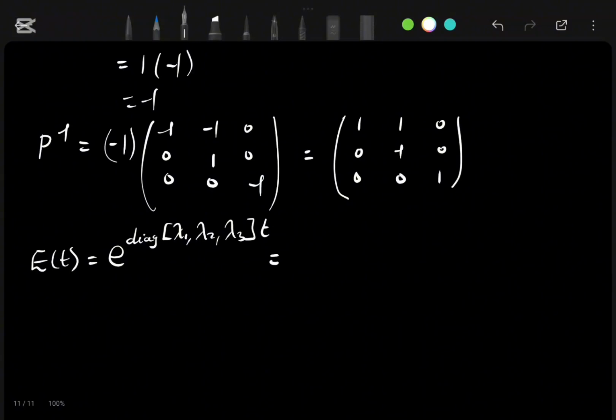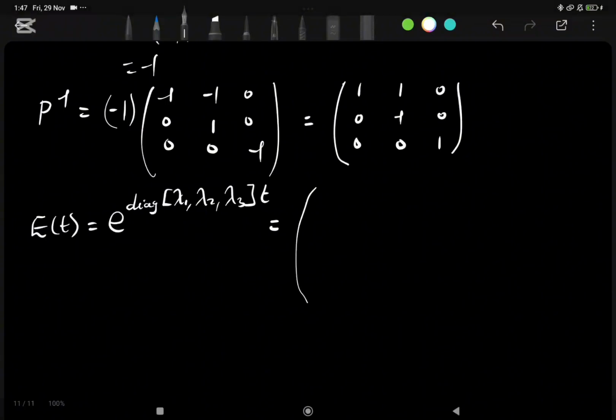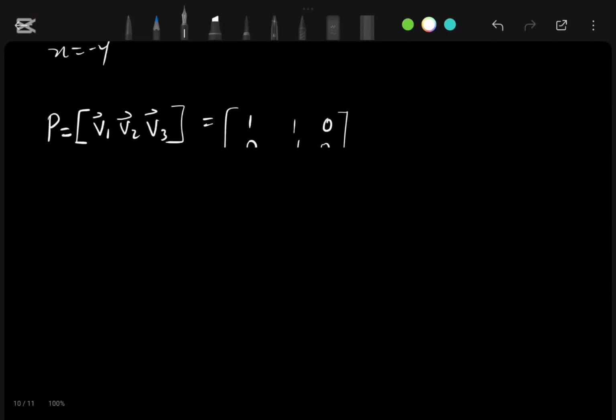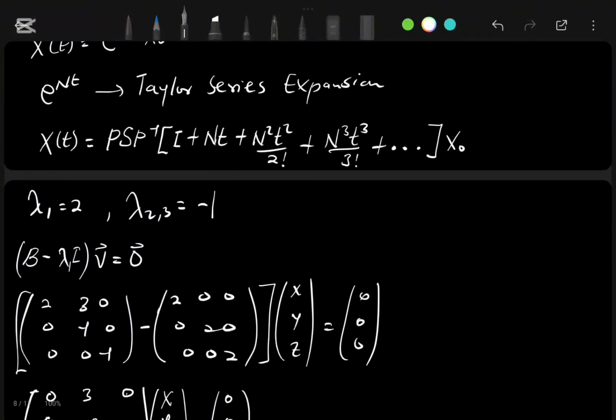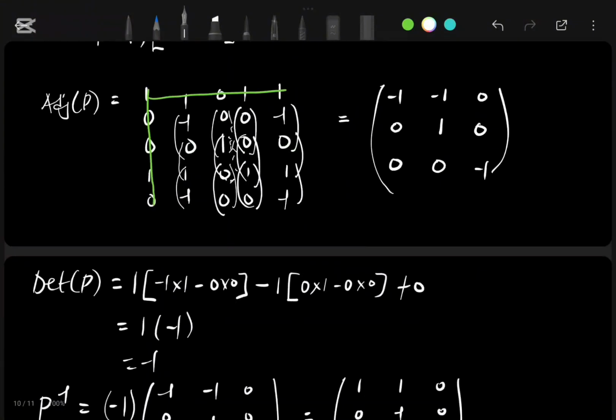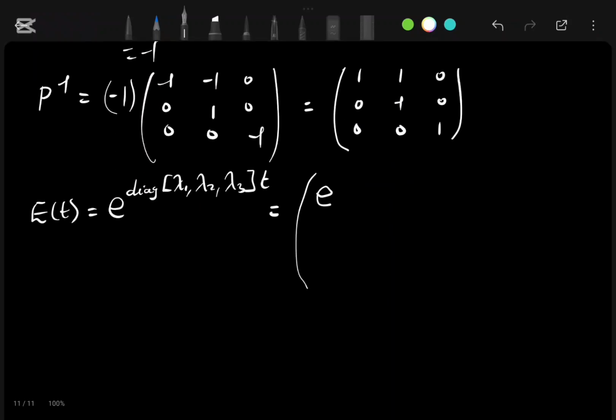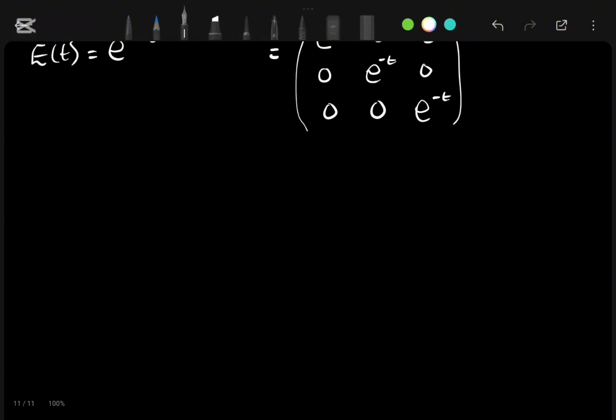And this is equal to e raised to the power, the first eigenvalue was 2, so 2t, 0, 0, then 0, e raised to the power minus t, 0, 0, 0, e raised to the power minus t.